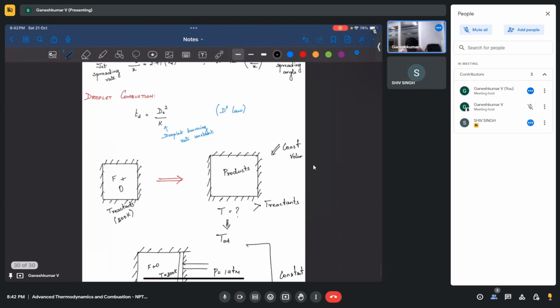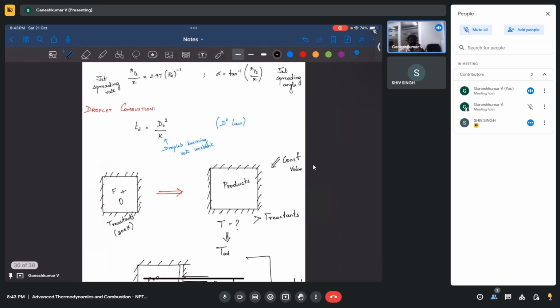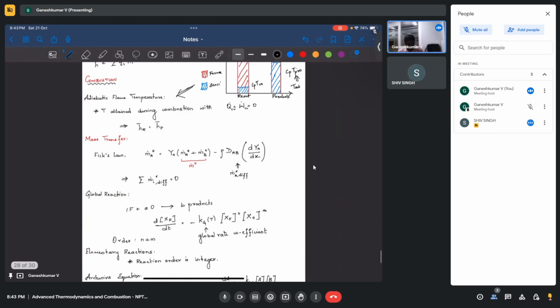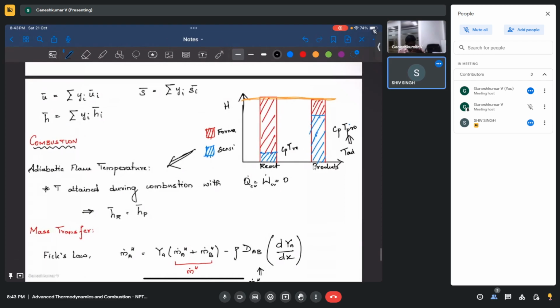These two are like performance characteristics of a combustion system: how much energy content you have within the system is what these two things tell.